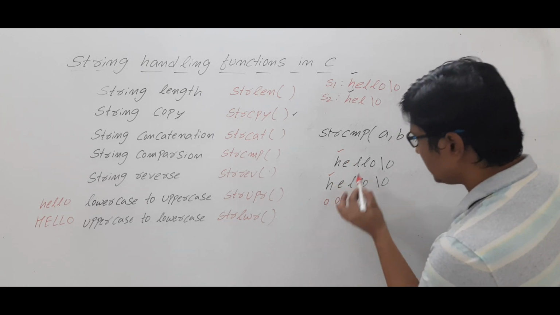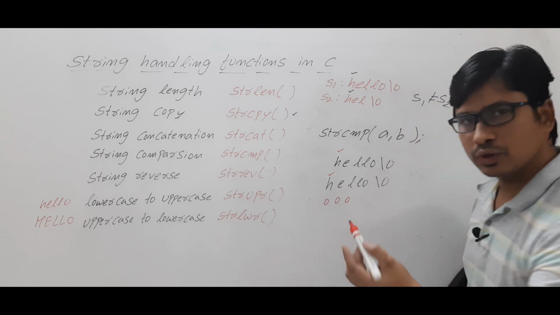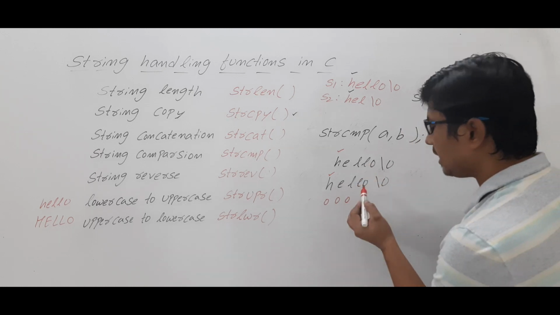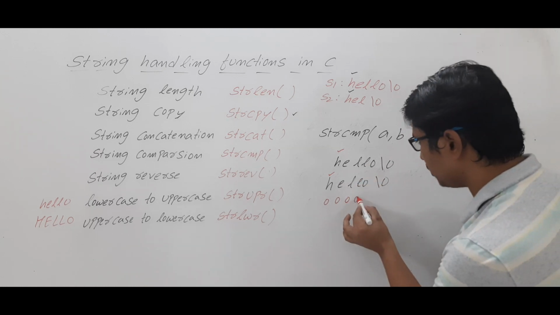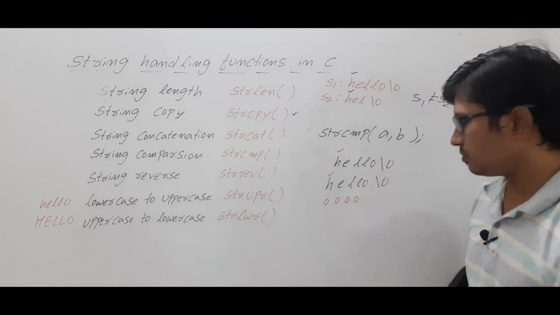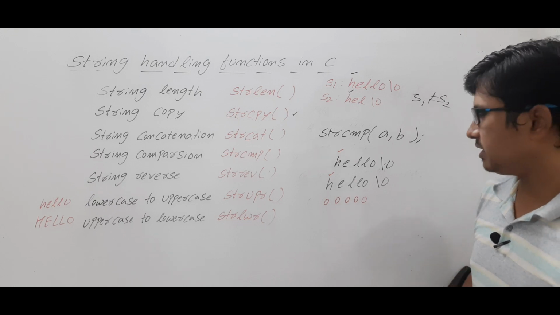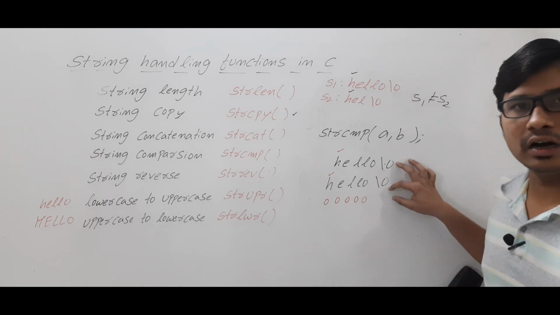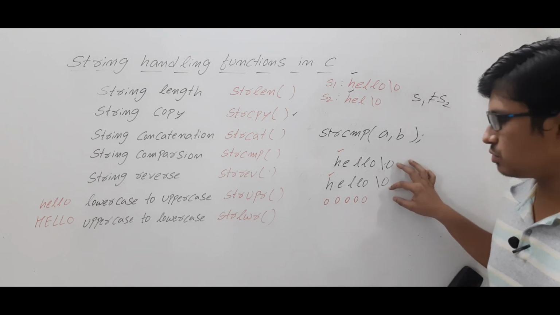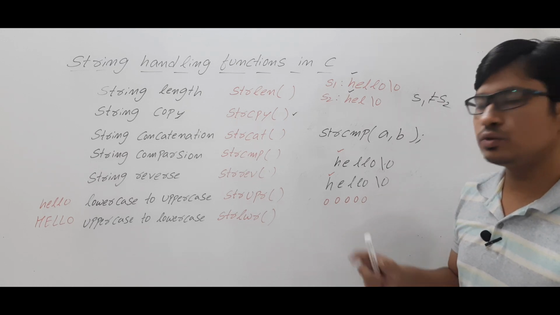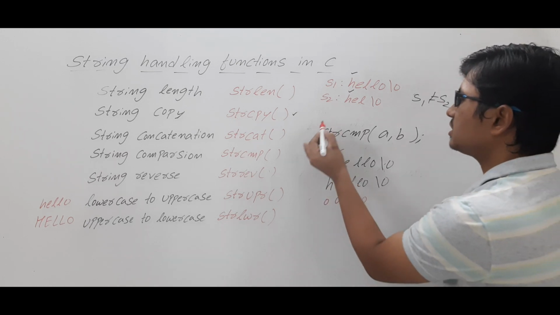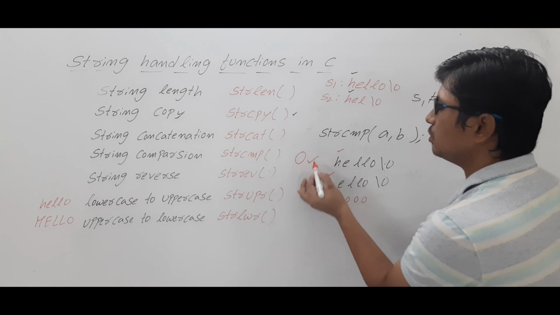Again it is 0. Again L and L same, so the difference is 0. L and L same, so the difference will be 0. O and O again same, the difference is 0. Now you got backslash 0, here you got the backslash 0. Meaning is that the two strings are completed or end. So I can say that now these two strings are same, then this function will return a value called 0.